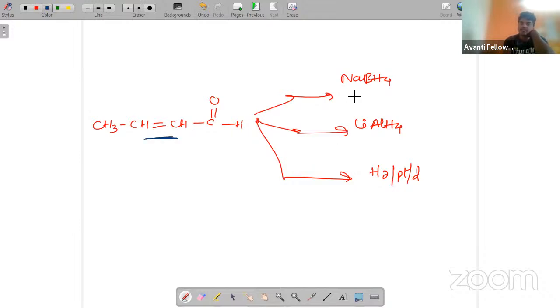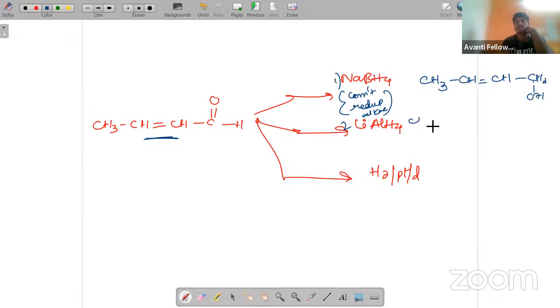Both 1 and 2 cannot reduce alkenes. So the product will be CH3, CH double bond, CH, CH2, OH.